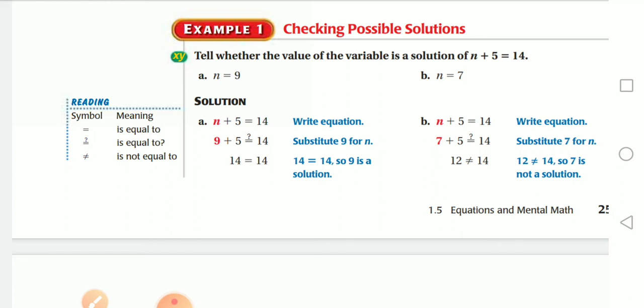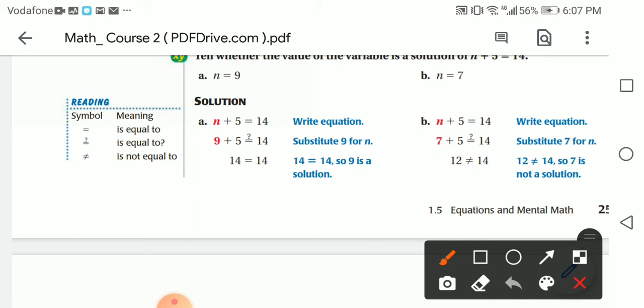So I have n plus 5 equals 14. Substitute n with 9. 9 plus 5, is it equal to 14? Can you see the sample here? Right. So 14 equals 14.